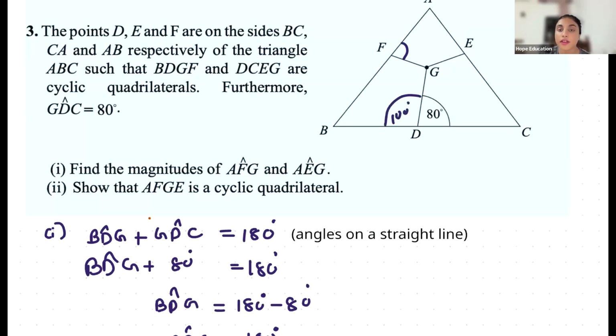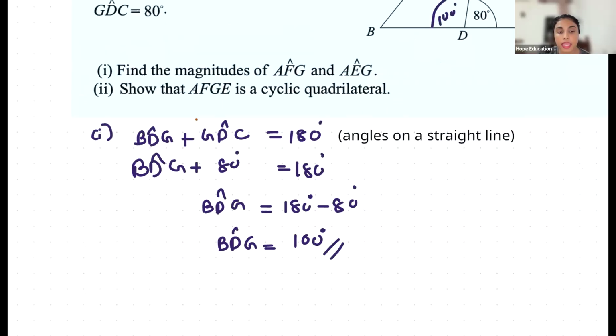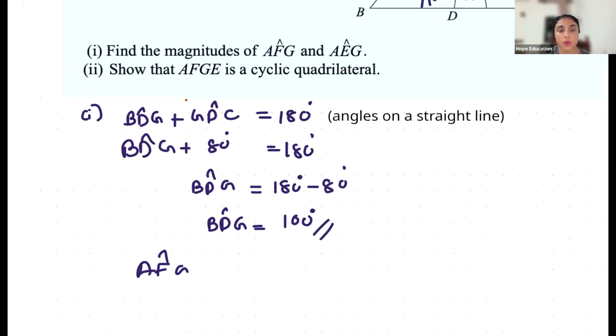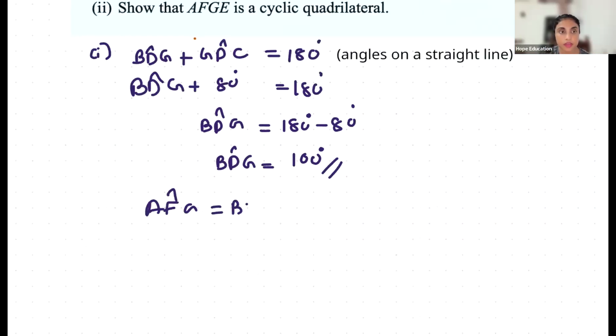And you know this is a cyclic quadrilateral, so exterior angle equals interior opposite angle. Therefore, we can say AFG equals BDG.